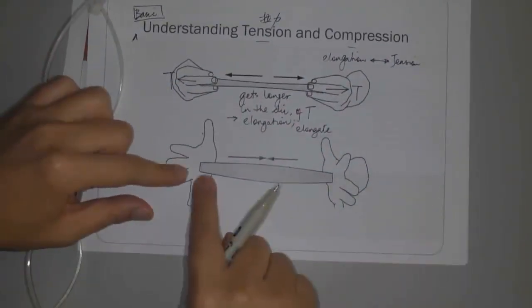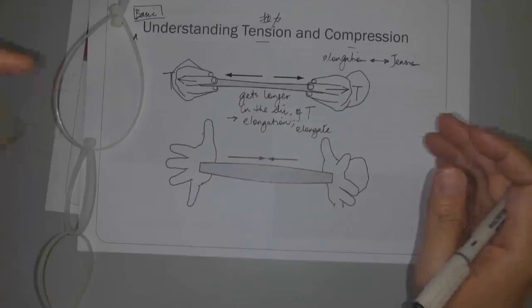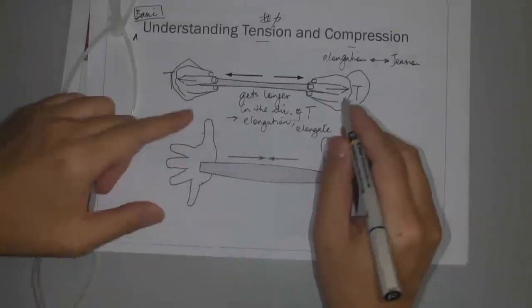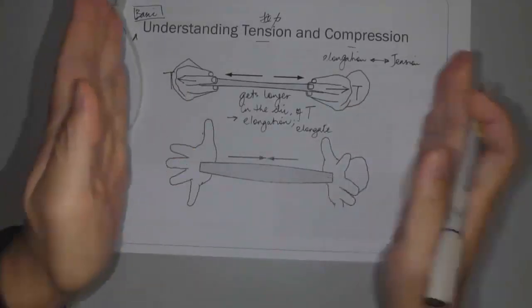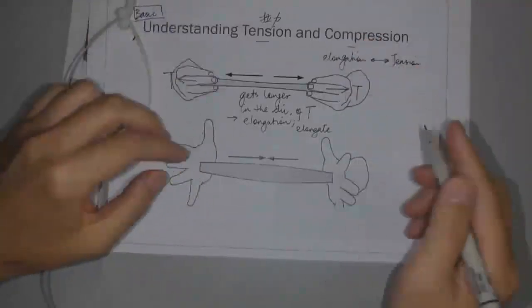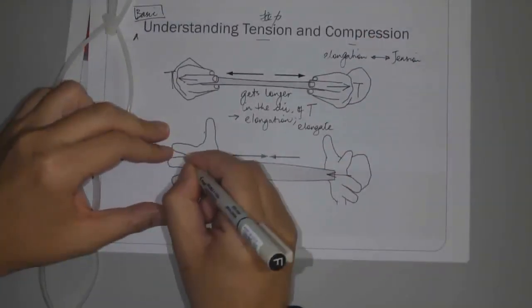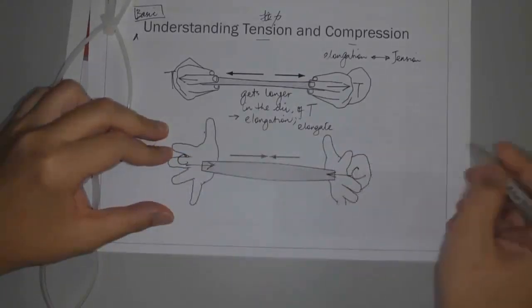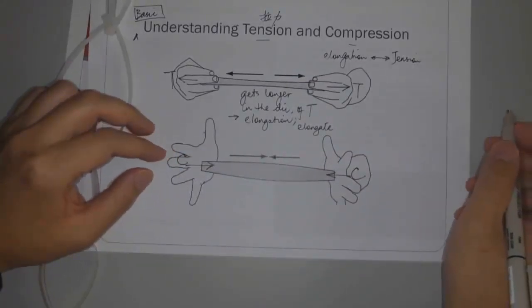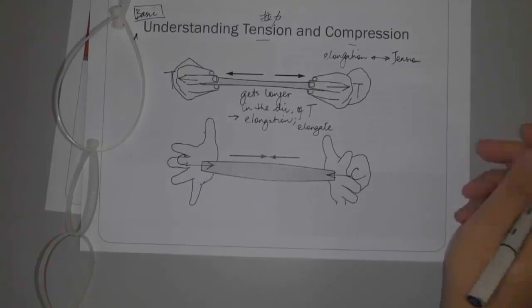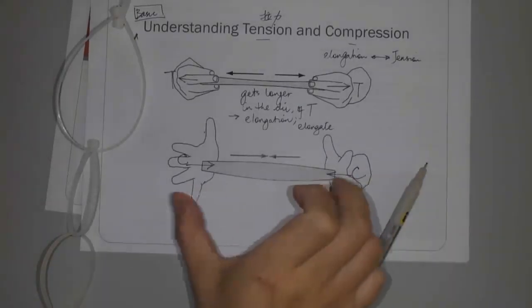And then the same thing: if you have the same piece of material and you try to compress it this time, instead of T, you apply your loading like that. Right? You compress it. Then what happens? Obviously, this thing will get shorter.